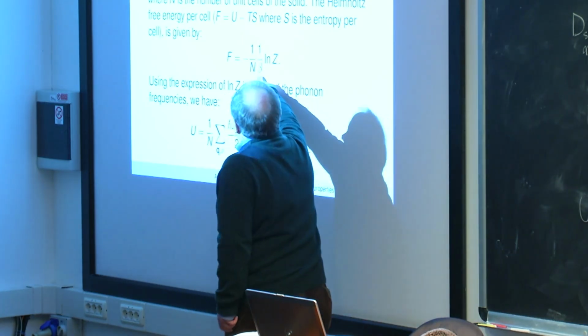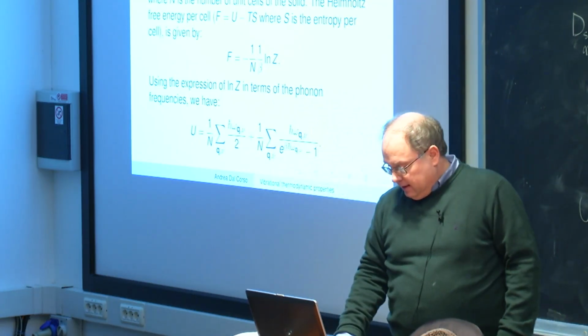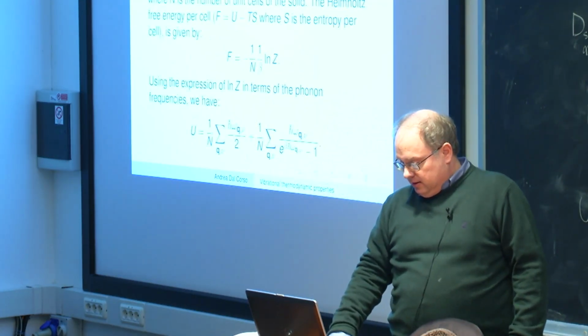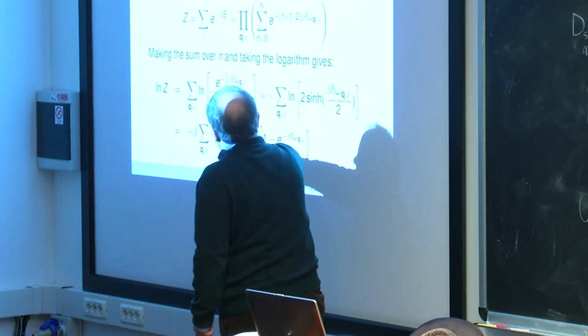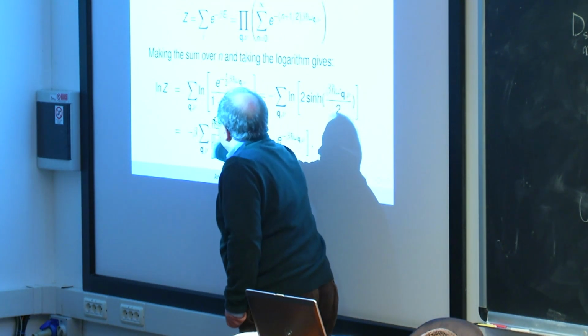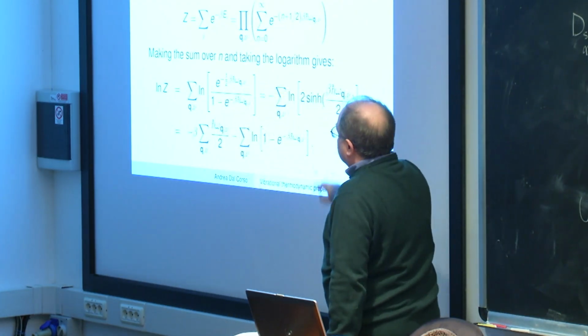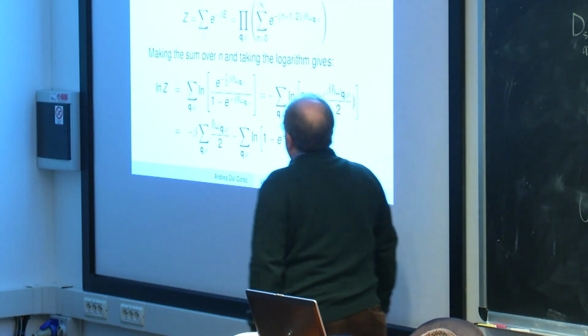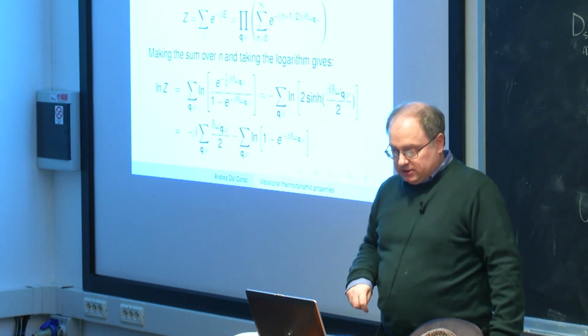And if we simply divide by beta, so this expression divided by beta and N and change sign is the free energy. You have to change sign, divide by beta, and divide by N. And this is the expression of the free energy.